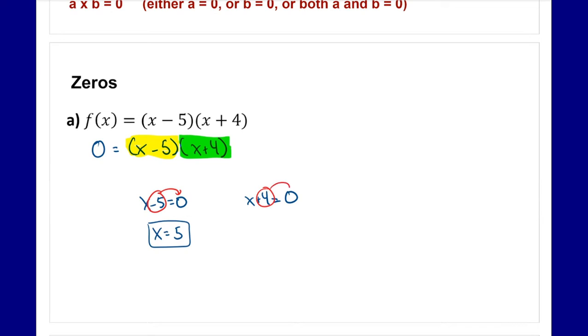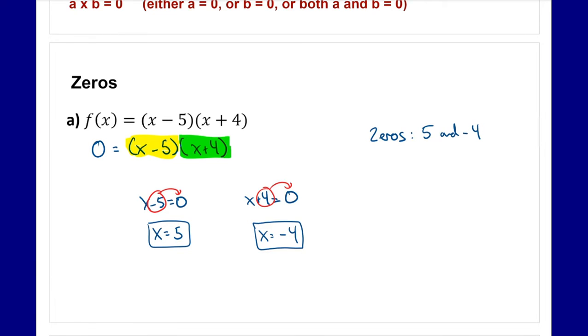Same thing applies to the plus 4. Move it to the other side, it becomes the opposite, or x equals minus 4. So those are our two zeros, which we can see are the opposite of the values that we have in the brackets.